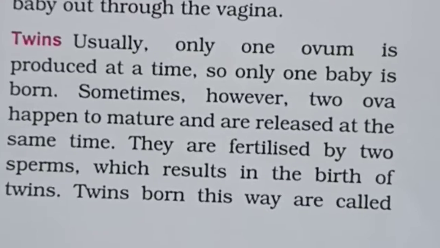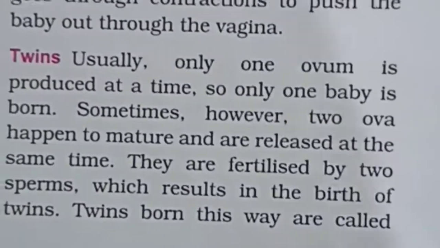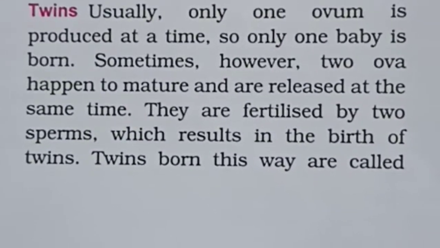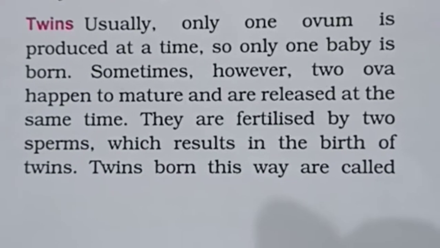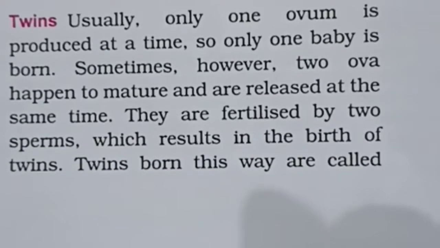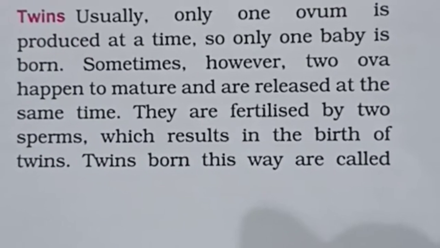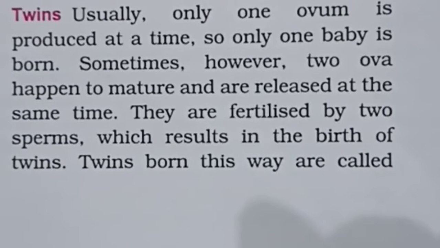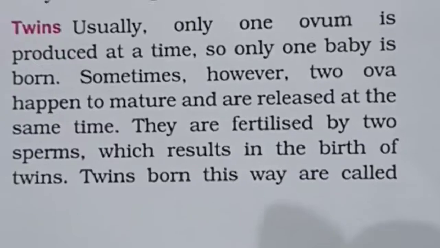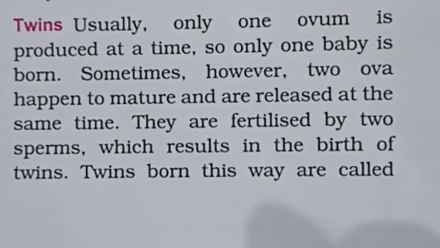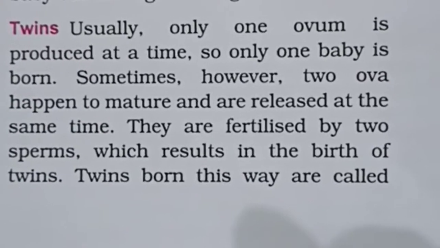And as you all know, when sperm is released into the female's vagina, there are so many sperms at a time. If one egg was there, then one egg would have been fertilized by one sperm. But since two eggs are there, both of them will be fertilized with the help of two sperms. And this results in the birth of twins.